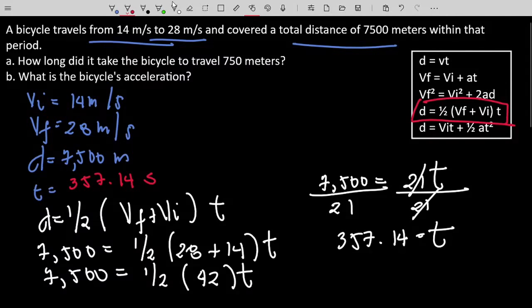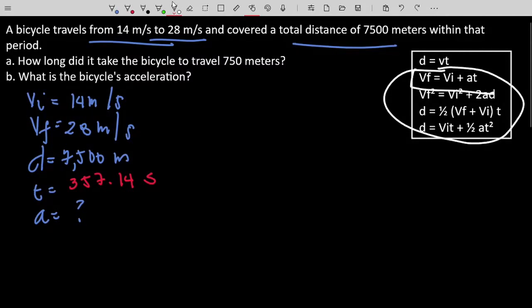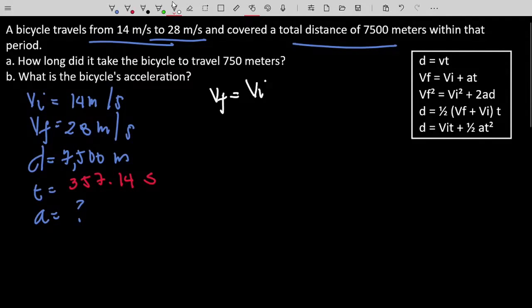Now again, what we're trying to look for is your acceleration. So again, acceleration is what we're trying to look for. Now which of these formulas right here are we going to use? Now we actually use all of these formulas right here, but let's just use this one. So let's rewrite the formula. So final velocity is equal to initial velocity plus acceleration then multiplied by time.